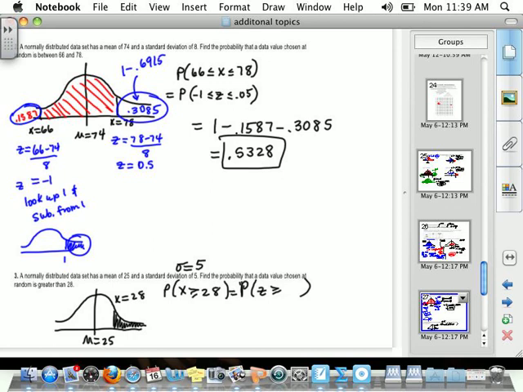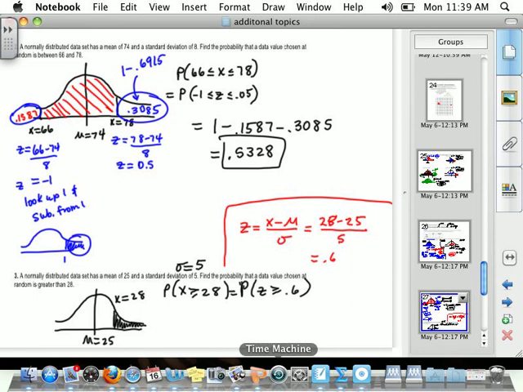So I need to convert it. I need to find what z is. z is x minus mu over sigma. So my x is 28, minus 25, all over sigma, which is 5. So I get 3/5 or 0.6. So I'm finding the probability that my z-score is bigger than 0.6.